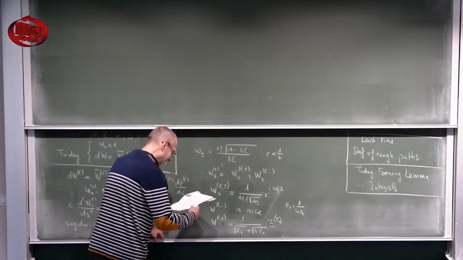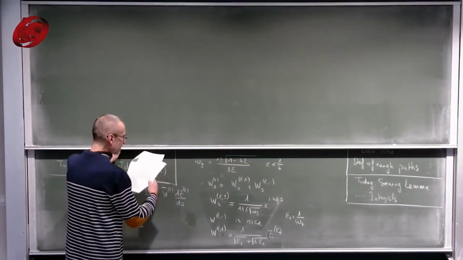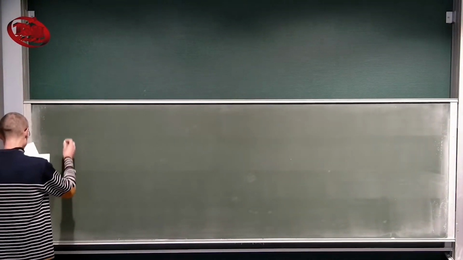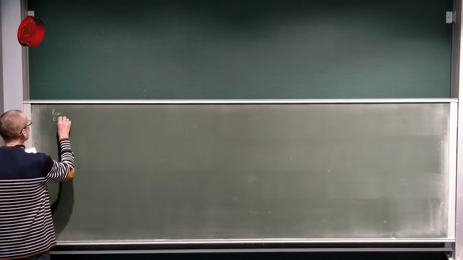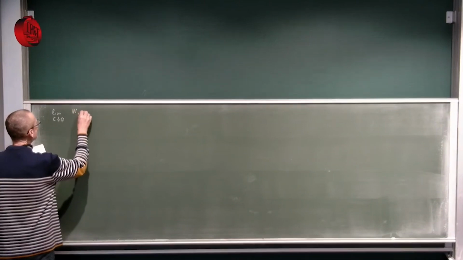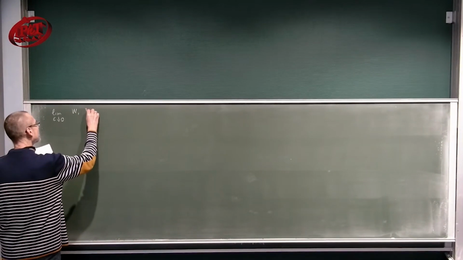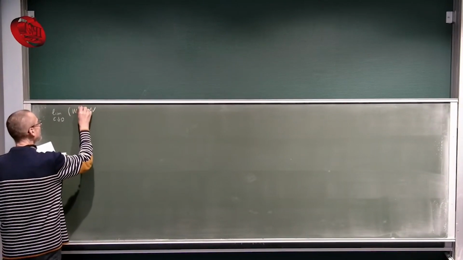And what we get, doing a little bit of algebra, is the limit when epsilon goes down to 0 of w, the canonical notation for blackboard w, epsilon.